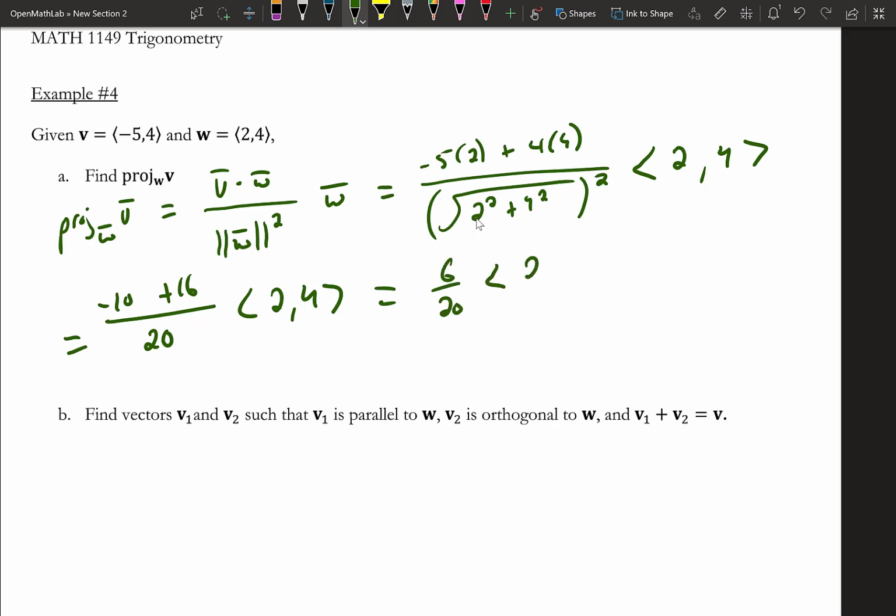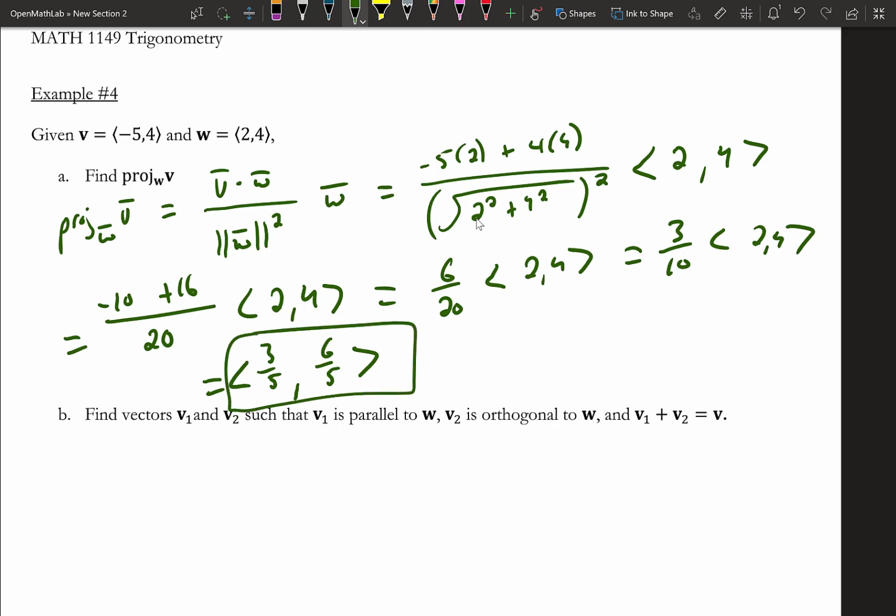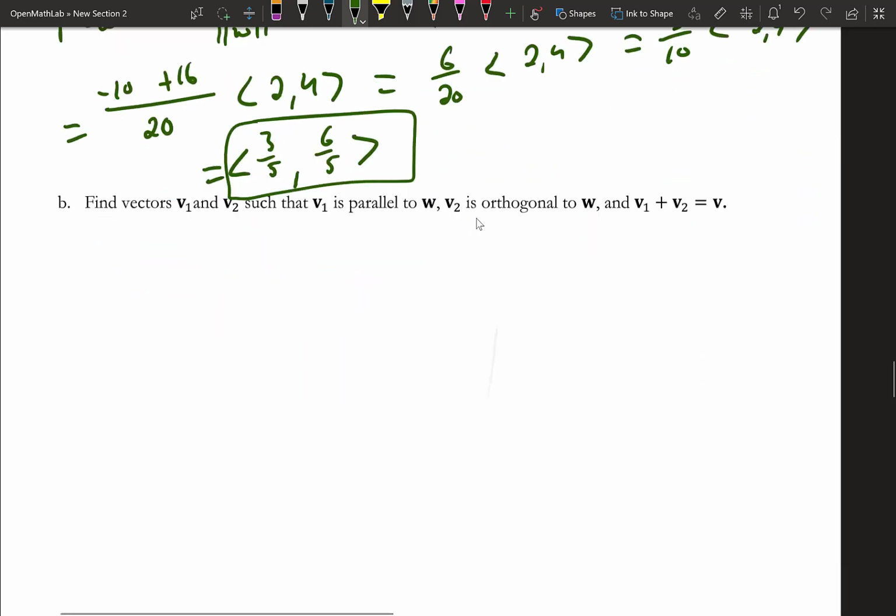And then this would be equal to 6/20 times 2, 4, which is equal to 3/10 times 2, 4, dividing top and bottom by 2. And then multiplying the scalar through, we take 3/10 times 2, then 3/10 times 4, and simplifying that, we get 3/5, 6/5, right? So that is the projection of v onto w.